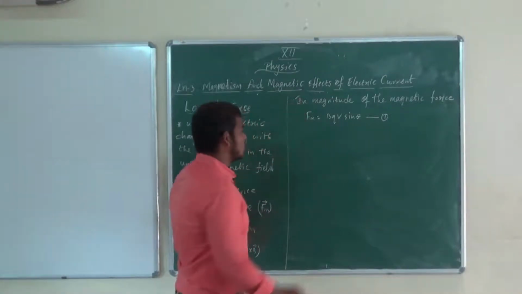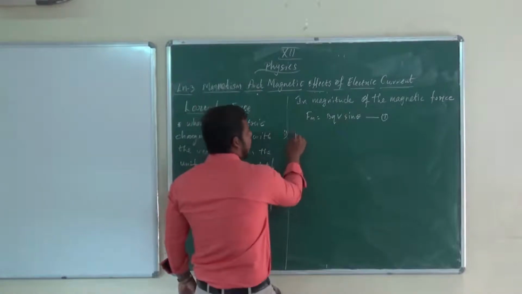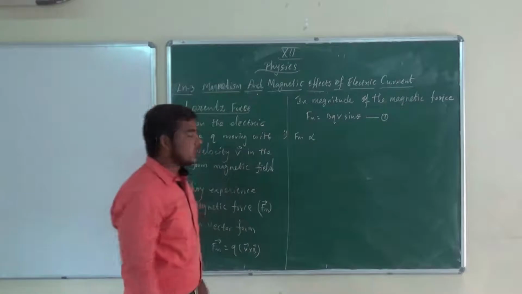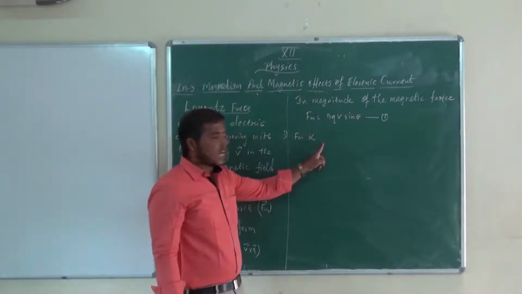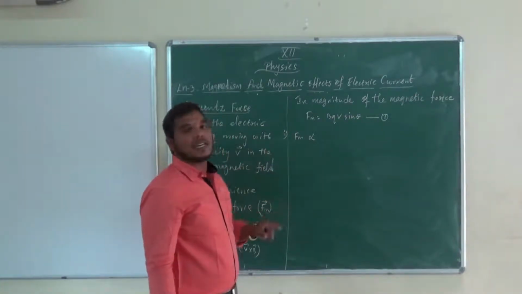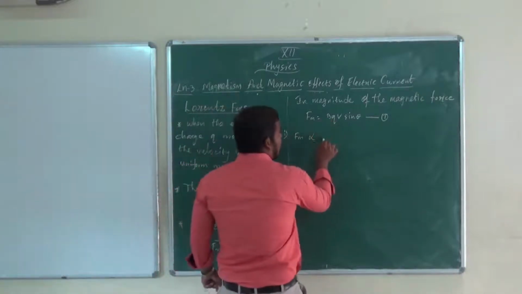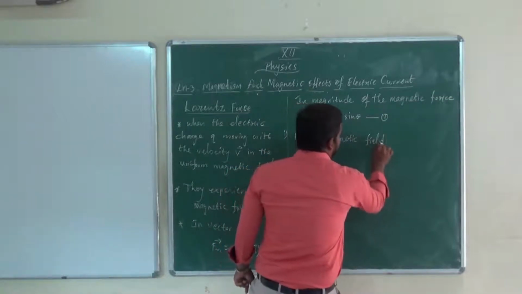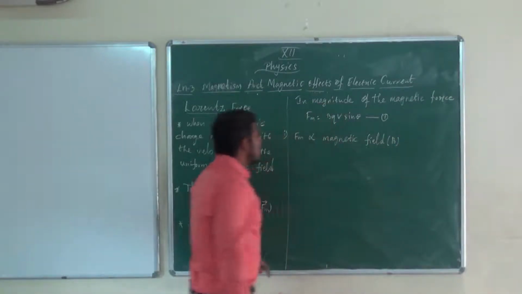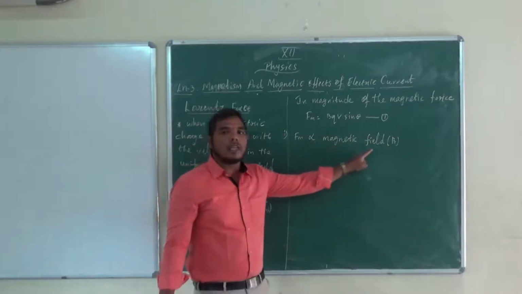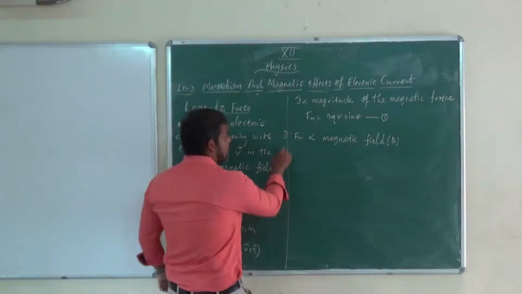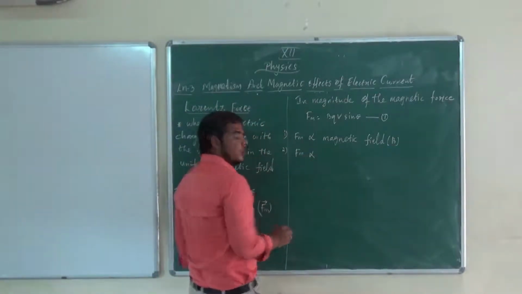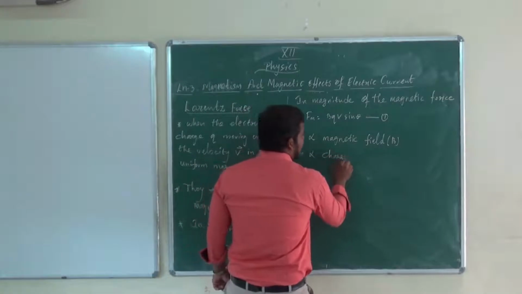First point: this magnetic force is directly proportional to the magnetic field B. Second point: the same magnetic force is directly proportional to the charge of the particle.